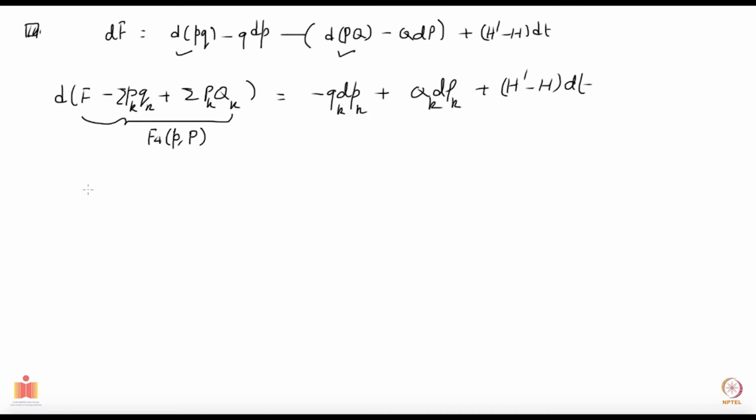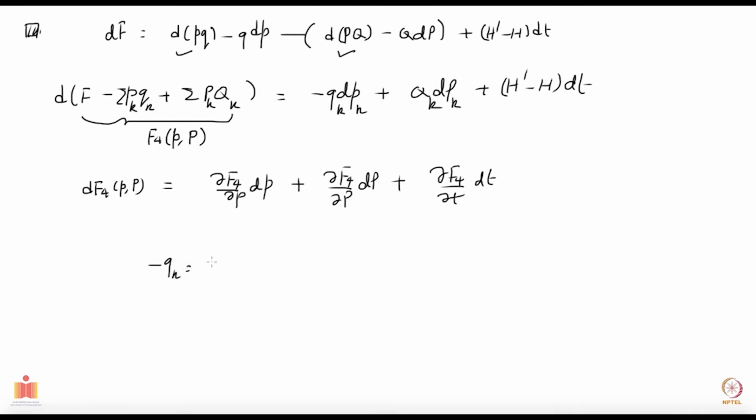Okay, so as before I write df4 as del f4 over del p dp plus del f4 over del capital P d capital P plus del f4 over del t dt. Again, if you compare, you get that minus qk is del f4 over del pk, okay, that's one.